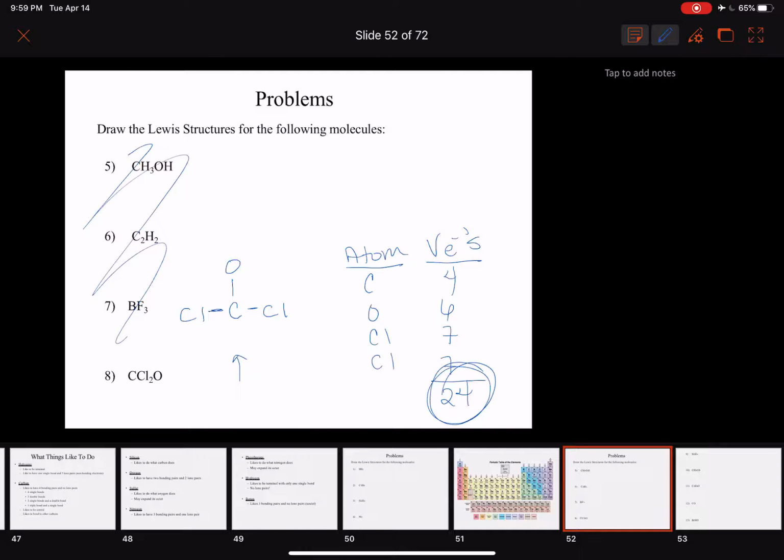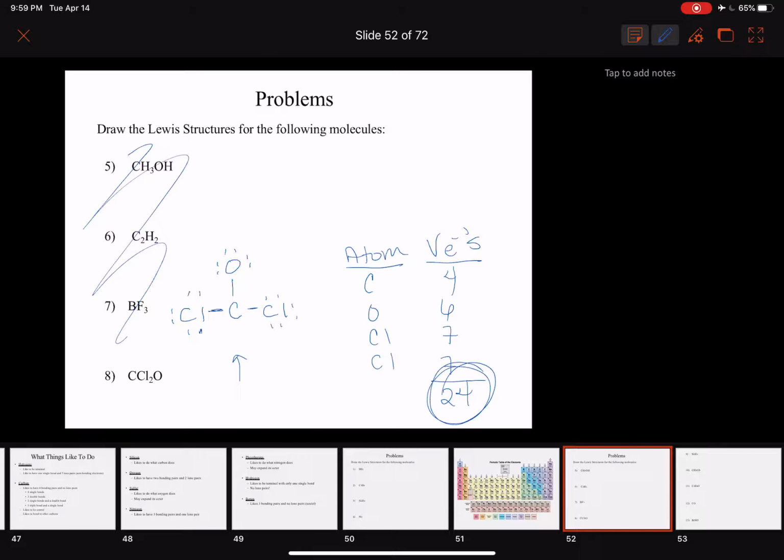The rules say go ahead and distribute, so 2, 4, 6, 8, 10, 12, 14, 16, 18, 20, 22, 24.